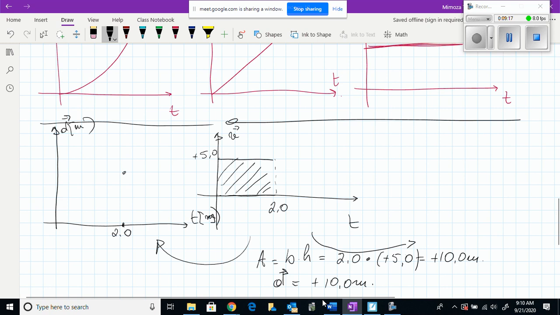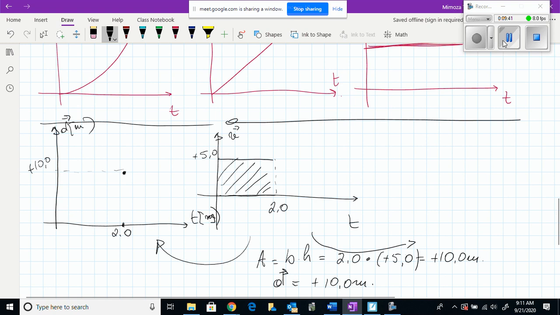Positive 10 meters is above the x-axis and, based on the scale, let's suppose that will be somewhere in here. Now the question is, how is the object going at that position? Going straight, curve up, or curve down?